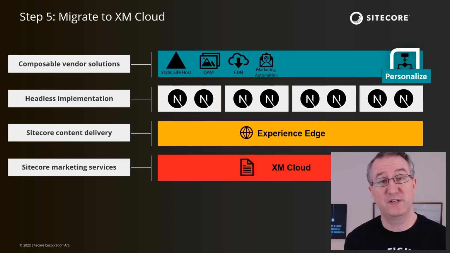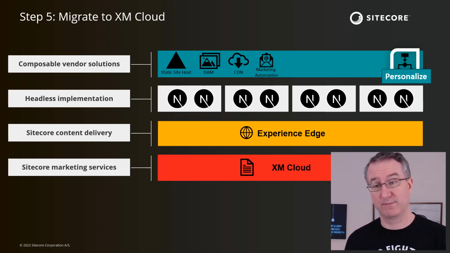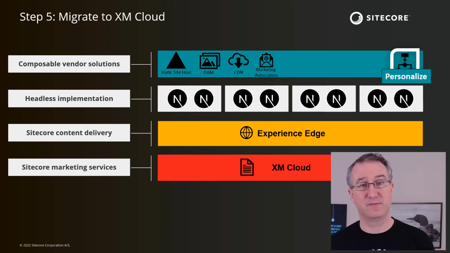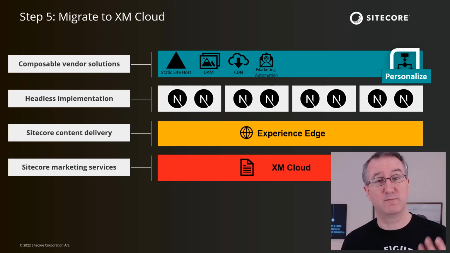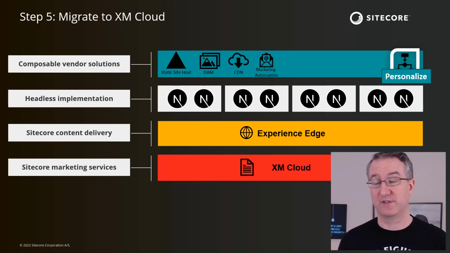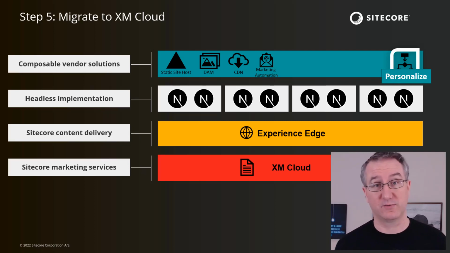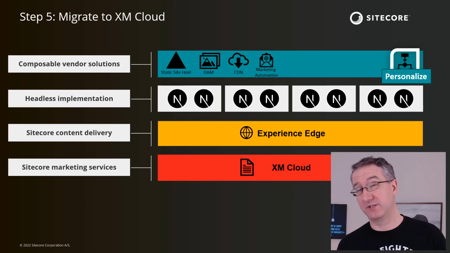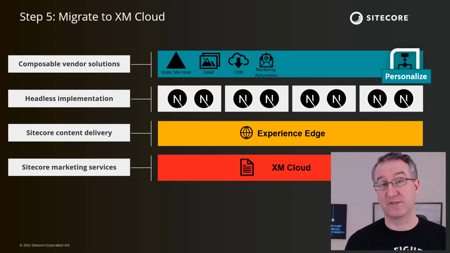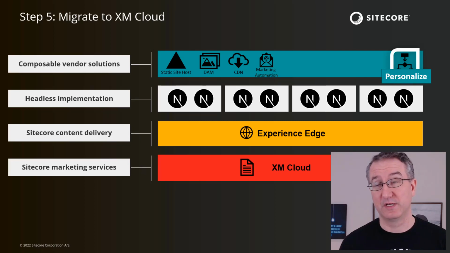Now, from a provisioning perspective for XM Cloud, typically we recommend going by a project or team type of approach. So you might have multiple XM Cloud instances. One way to know whether things go together is shared content. If you have things like shared data sources or content reuse, that's probably a good indicator that all that stuff should go together into a single XM Cloud.